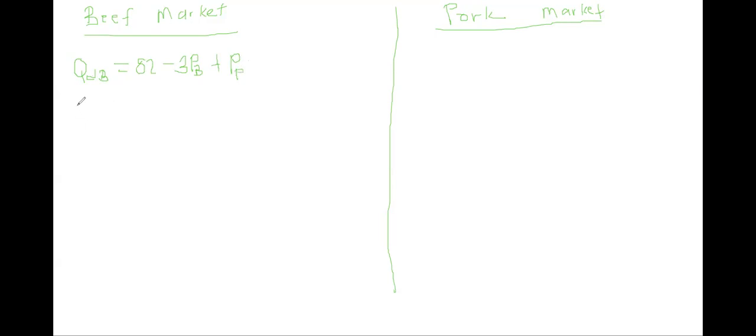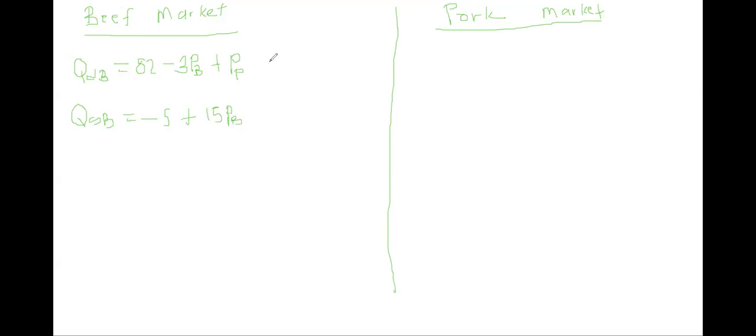We also have the quantity that is supplied. The quantity supplied of beef is represented by this equation: minus 5 plus 15 times the price of beef. So this is the beef market.